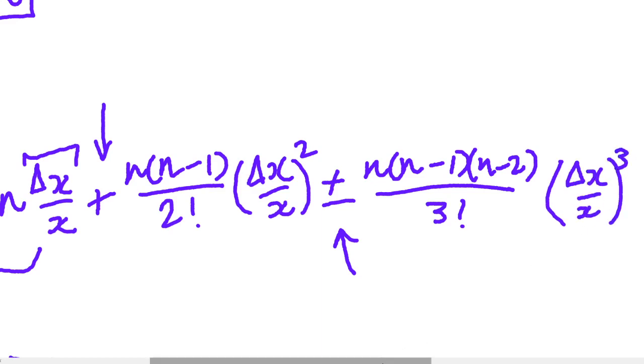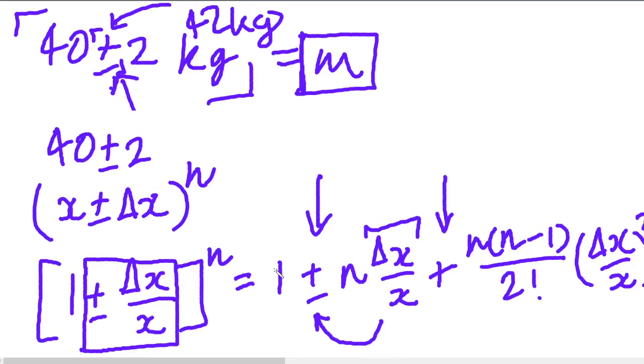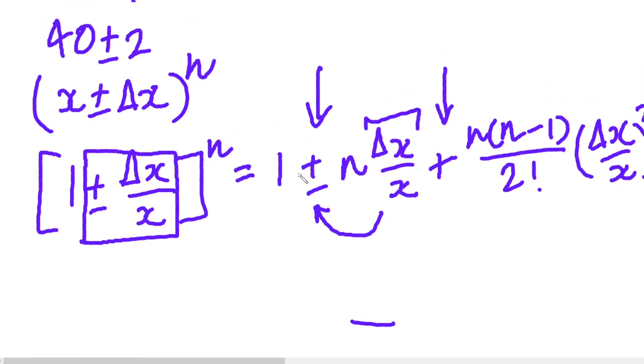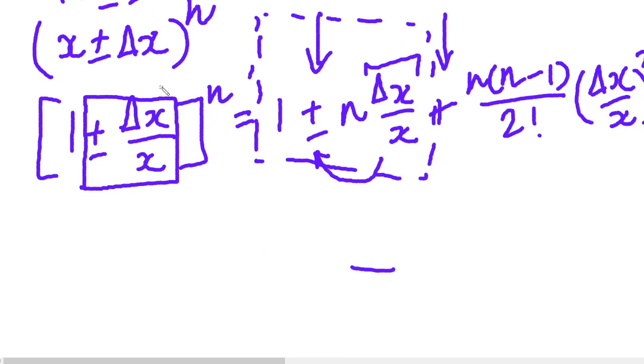Now, the thing is, IB physics makes us think that the only terms we need to deal with are these ones here. And to be honest, in most cases, it's absolutely correct.